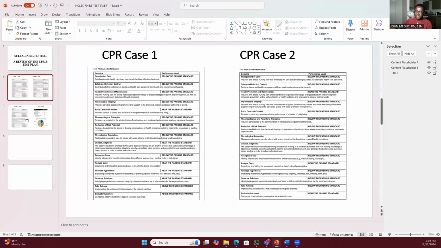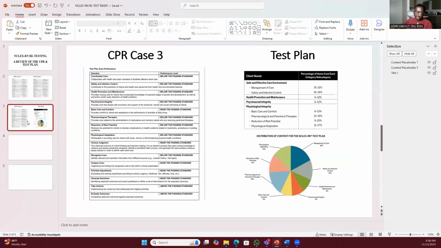Let's look at the third case here. This candidate has 1, 2, 3, 4 below passing standard, 5, 6, 7. The candidate has above passing standard under take action, above passing standard evaluation outcome, near passing standard as prioritization hypothesis, near passing standard at basic care and comfort.